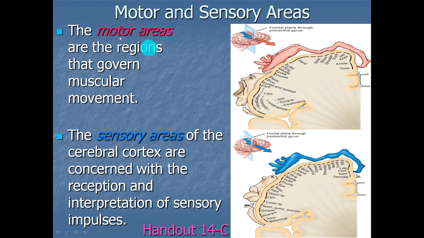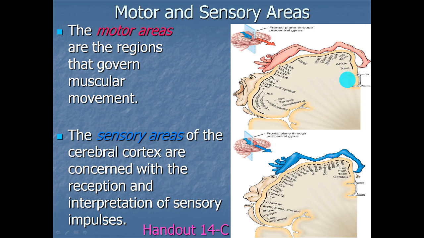Now remember, the motor areas of your brain, motor is from brain to body, these motor areas are controlled by a part of the cerebrum called the precentral gyrus. And this is a cutaway. Actually, it's a frontal cut of this precentral gyrus.